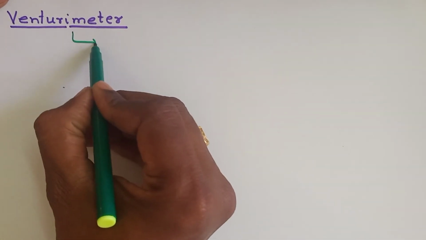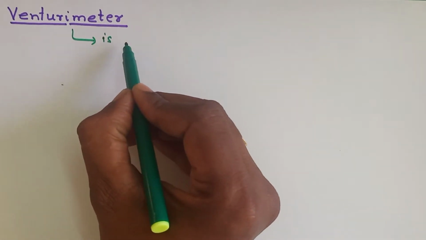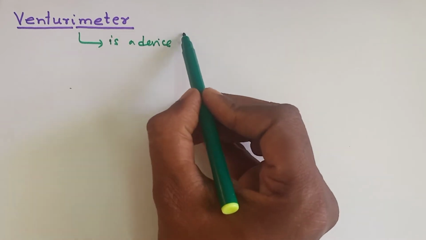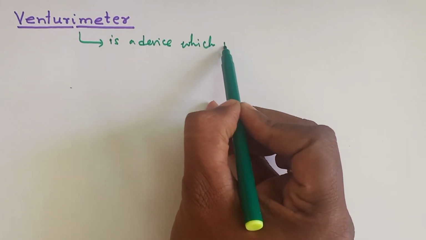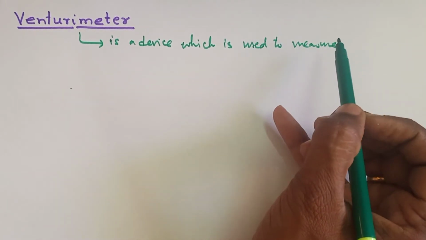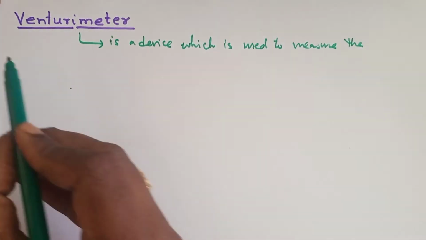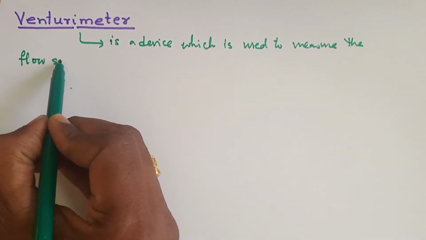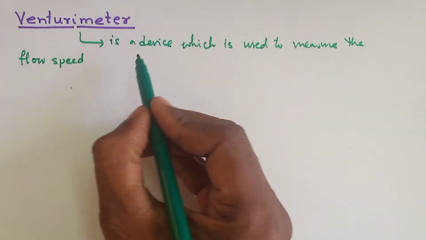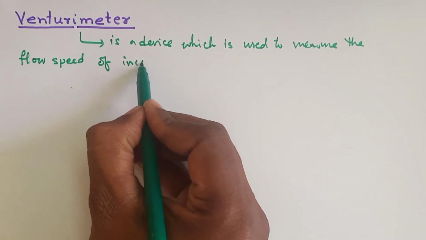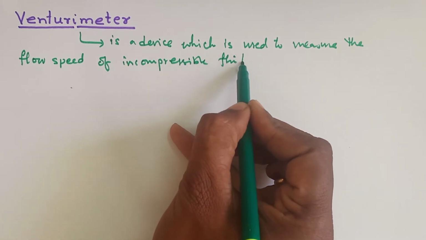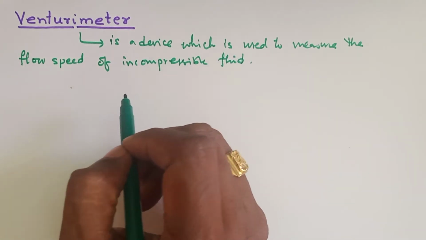It is a device which is used to measure the flow speed of a fluid, basically an incompressible fluid, right?